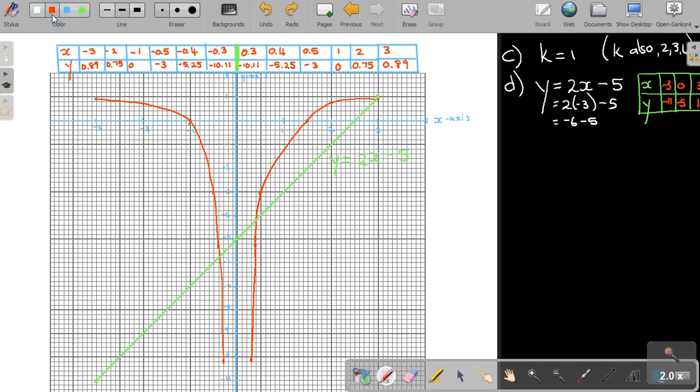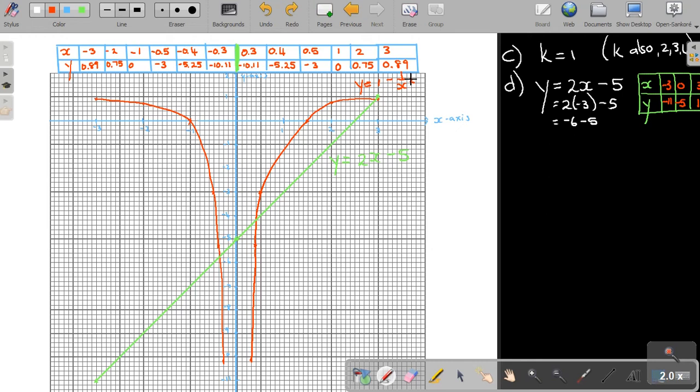And what was the red one? Okay, the red one was y is equal to 1 minus 1 over x squared. Now we can go on. Then they ask you, on the same grid, use your graph in D to find the solution of the equation.